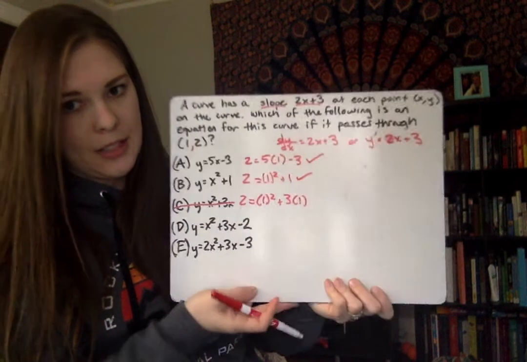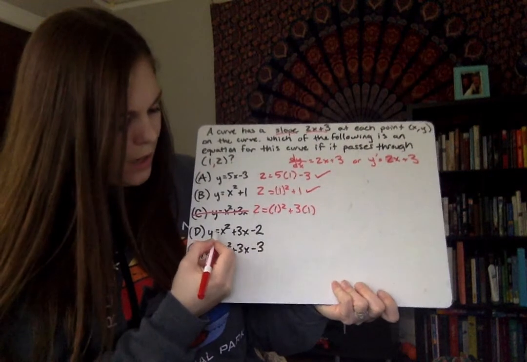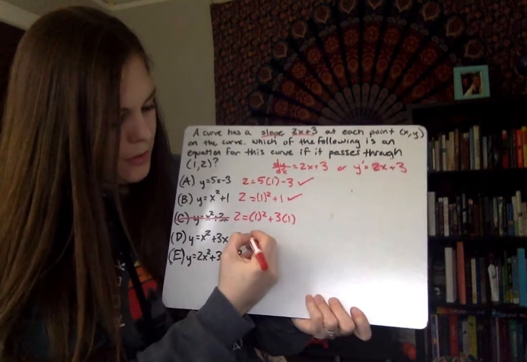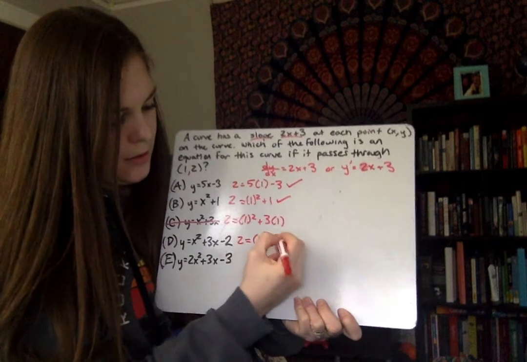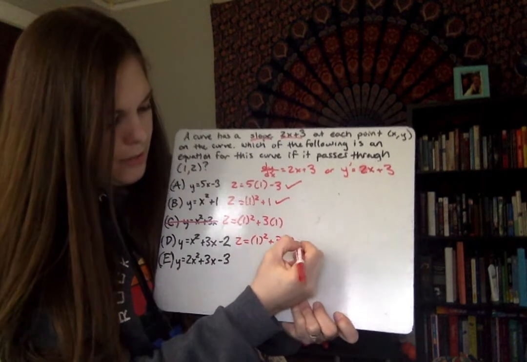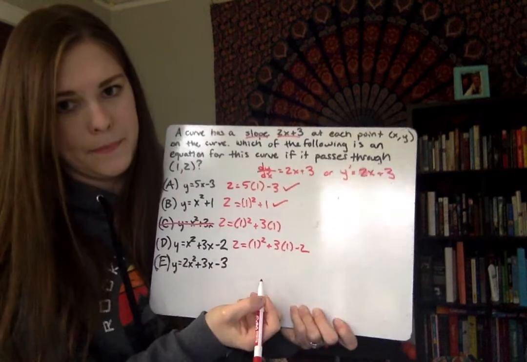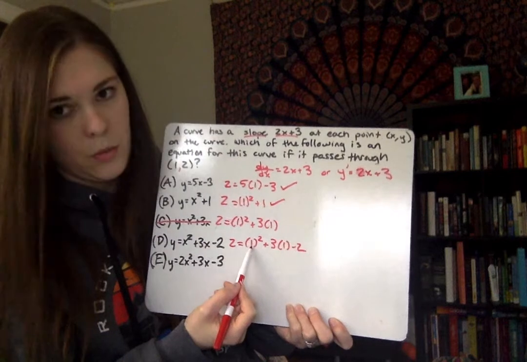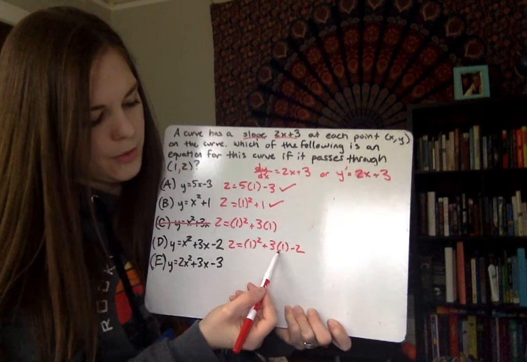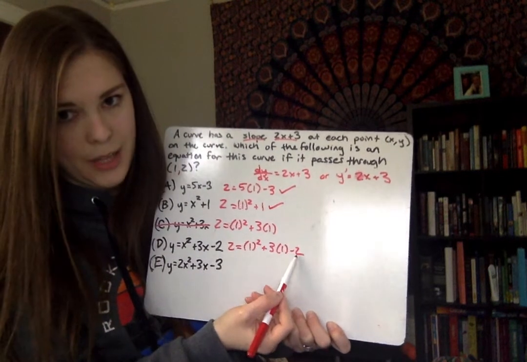All right, so then let's look at D. y equals x squared plus 3x minus 2. So I'm going to do 2 equals x squared plus 3x minus 2. This time I have 2 equals 1 squared, which is just 1, plus 3, which is 4, minus 2. Hey, that is 2.